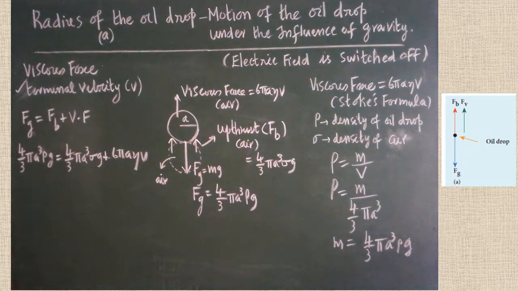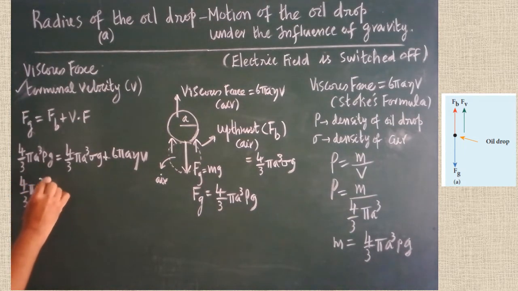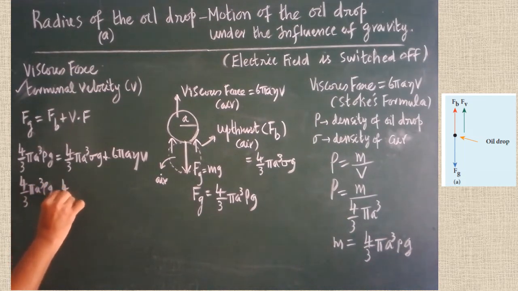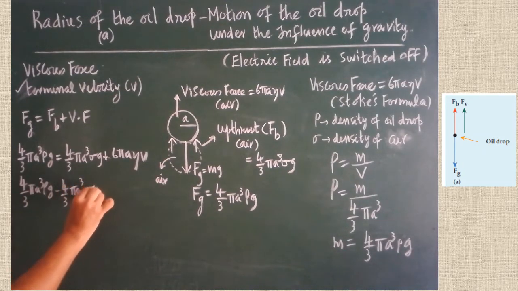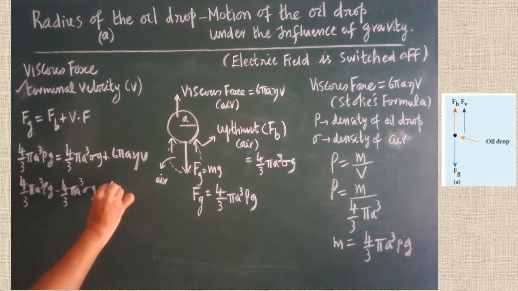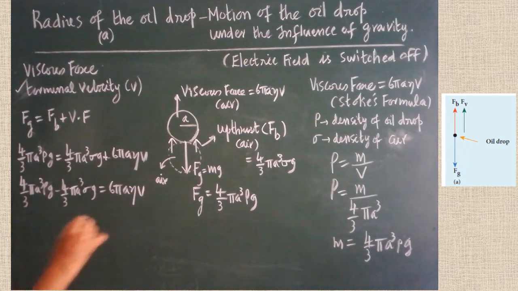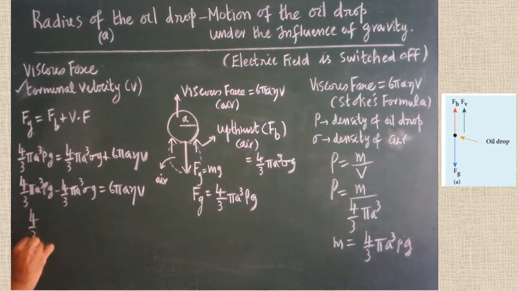Are you clear? The next step, bring this factor to this side: 4/3 pi a cube rho g minus 4/3 pi a cube sigma g is equal to 6 pi a eta v. 4/3 pi a cube g are common factors.